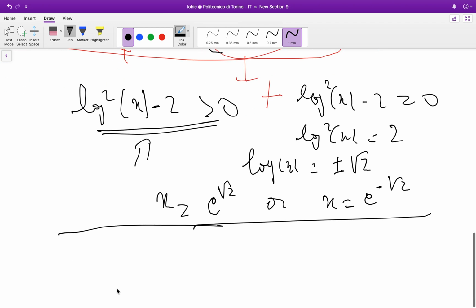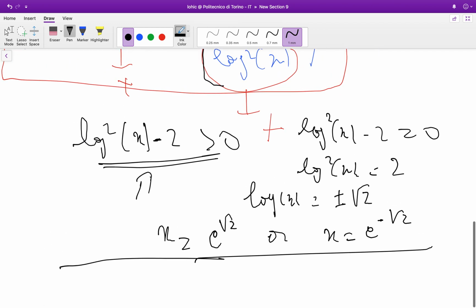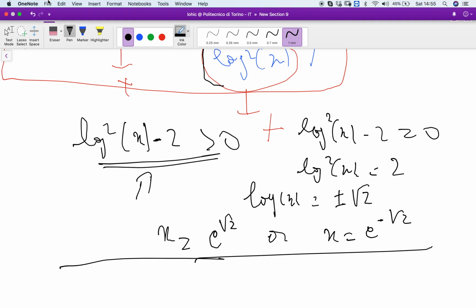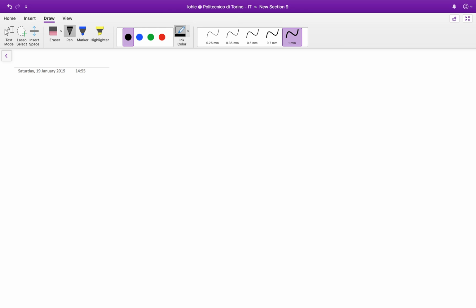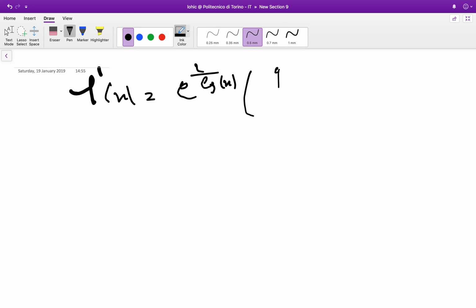To build up the table for the derivative, it's probably time to use a new page, because it's becoming crowded. I repeat, the derivative we got was f prime of x equal to exponential of 2 over the log of x multiplied by log square of x minus 2 over log square of x.